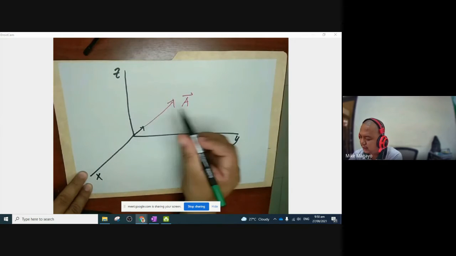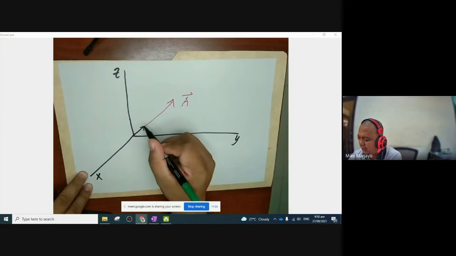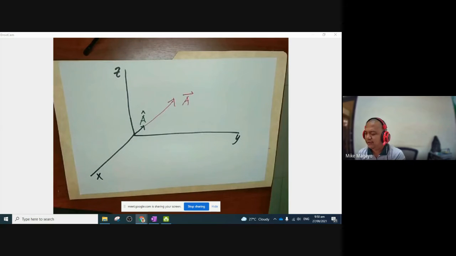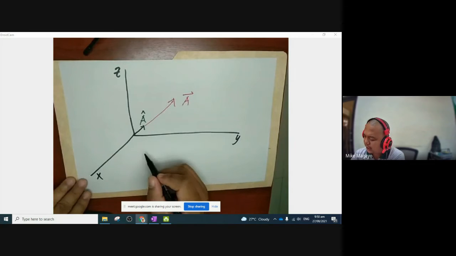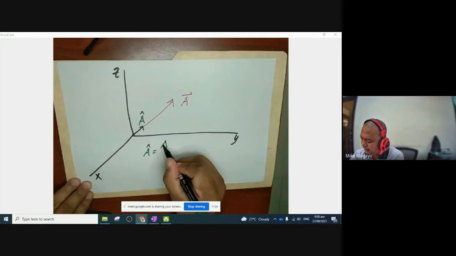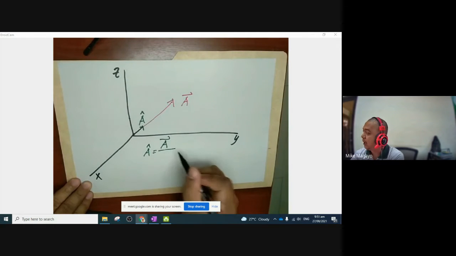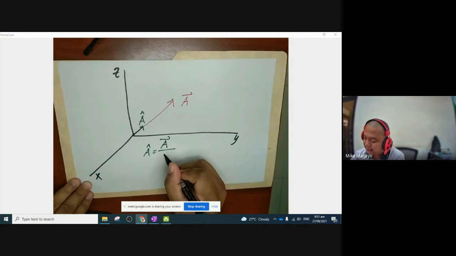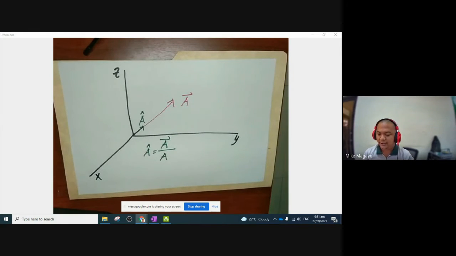In this case, the unit vector of A can be written as A hat. A unit vector, A hat, is equal to the vector itself divided by its magnitude. In this case, we just simply write letter A.